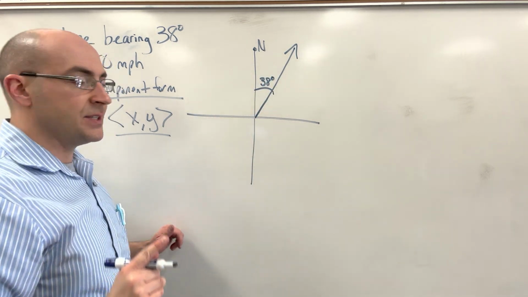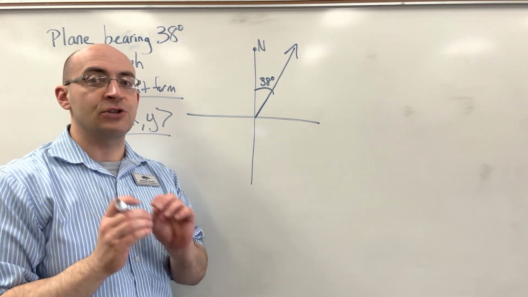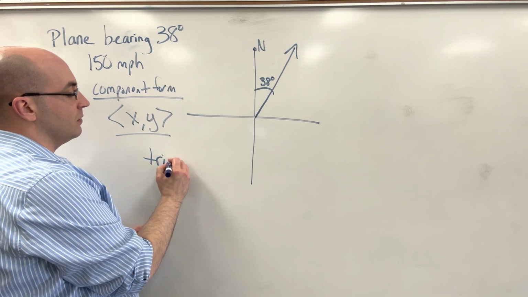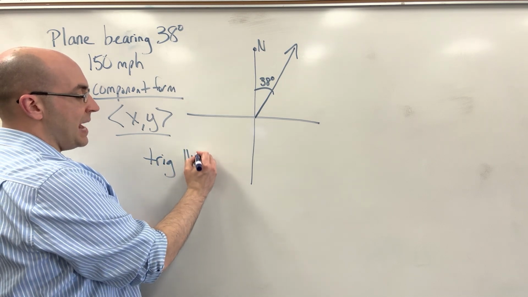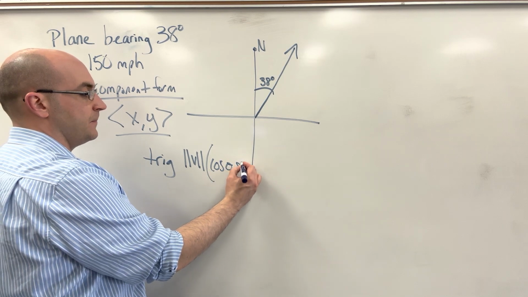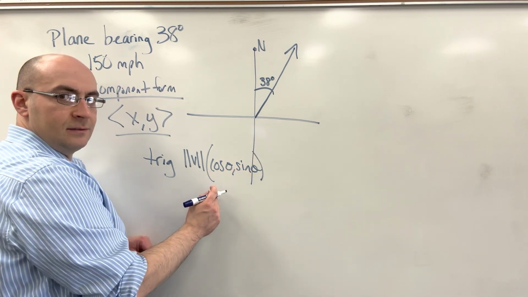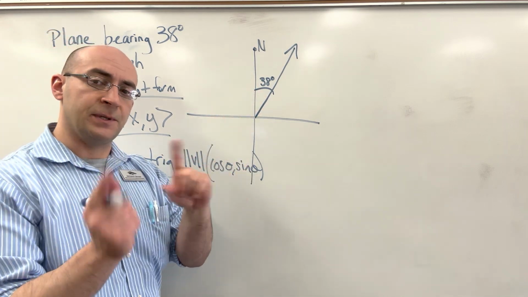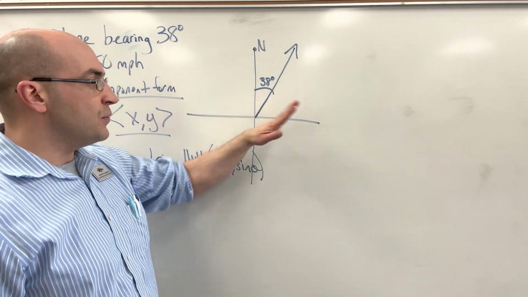But the problem is that I need trigonometric form to find the component. And trig form, if you remember, is the magnitude of that vector times the quantity of cosine theta, sine theta. Well, this is trig. That's real life. They're two completely different worlds. So I need the trig angle.